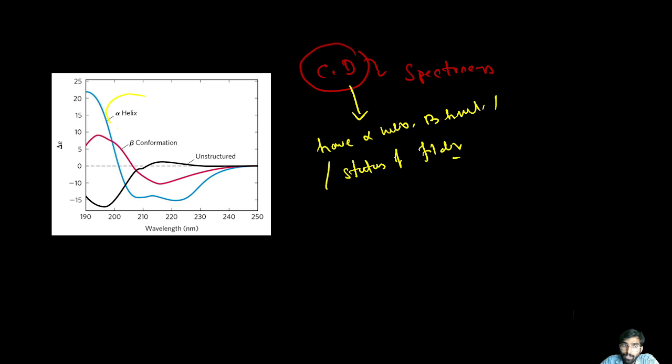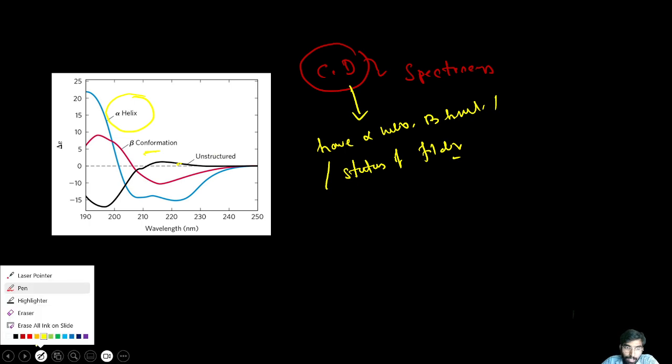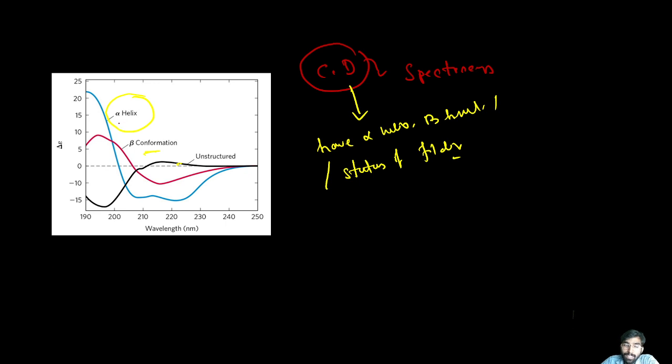So this is the alpha helix here, the blue one, the red one is indicating the beta strand, beta conformation, and the black one is the unstructured. So if you see it carefully, you can see the alpha helix is showing a good positive peak at around 195 nanometer, and a negative peak at almost around 222 nanometer.